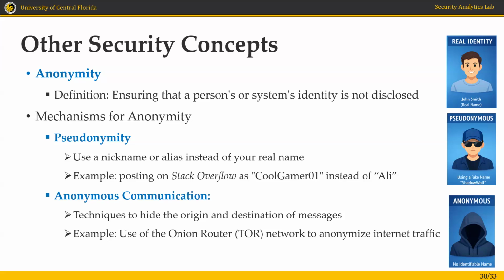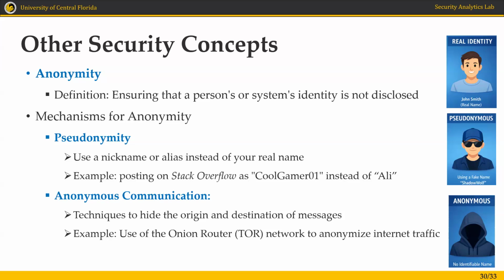You can just put a username such as Cool Gamer or something like Shadow Wolf, whatever that could be. So the mechanism for that is to use a nickname, an alias, that is not your real name. These images show the real identity, where we can be anonymous and can have something in between, such as using an alias.